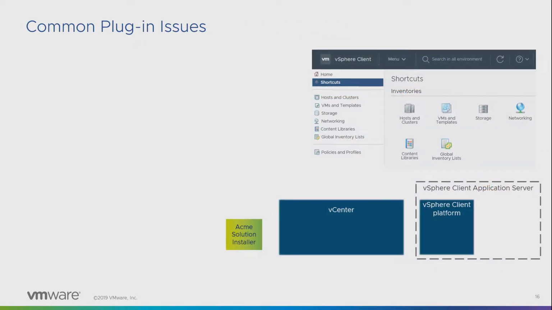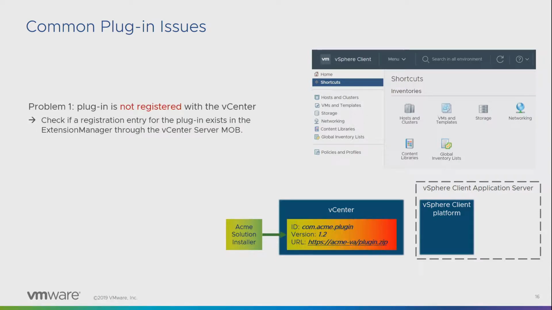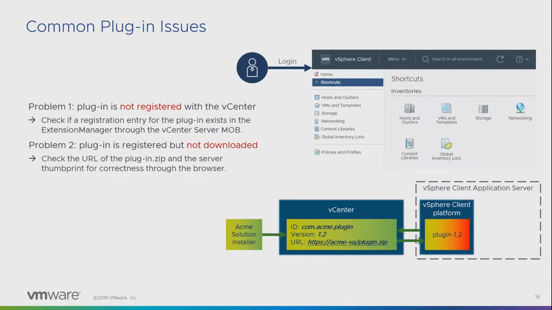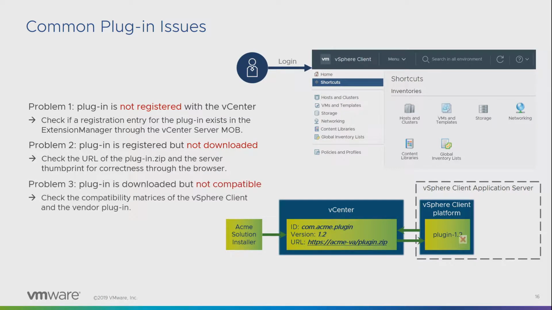Cool. So let's see what common plugin issues there are. If we have a look at the same diagram, a plugin might fail already at the registration step if something in the API was incompatible, or there is a problem in the installer, or it might be registered but not downloaded. For example, the thumbprint was wrong, or on this URL there is nothing to download. If it's downloaded successfully, it might not be compatible.